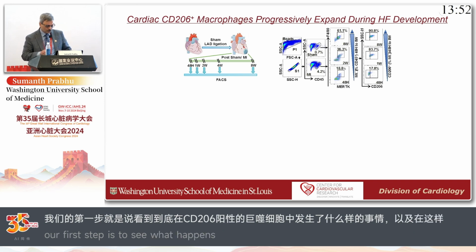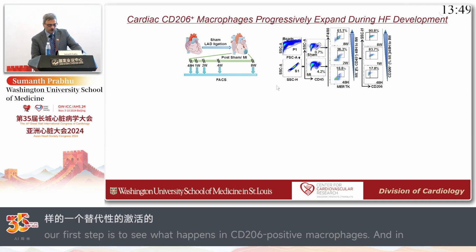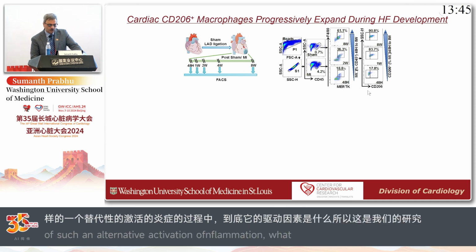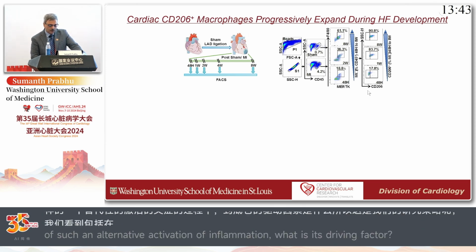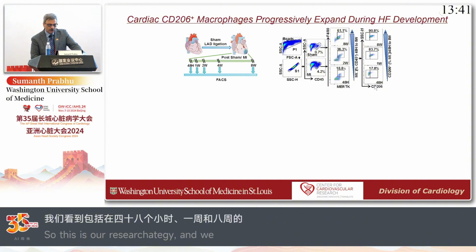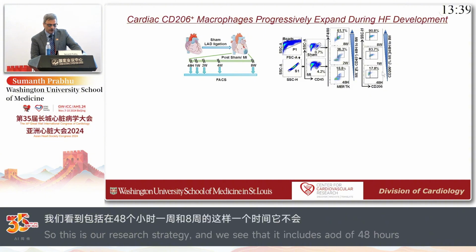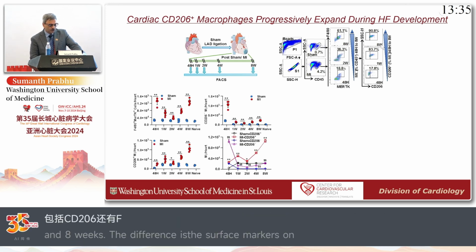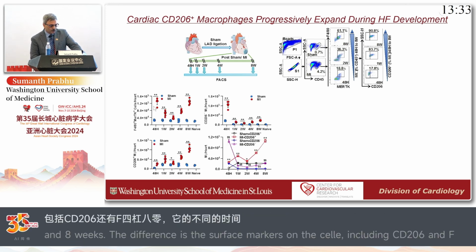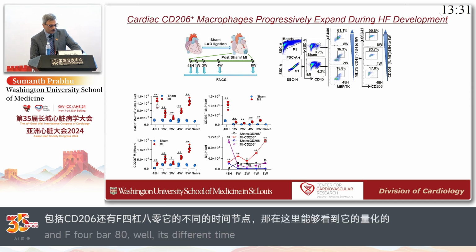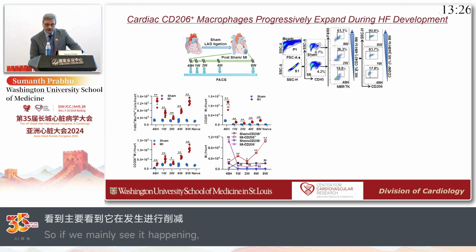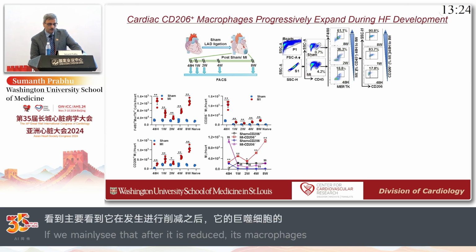And what I've shown you here in flow cytometry is our gating strategy to look at F4/80 and MERTK macrophages, two macrophage markers, and looked at CD206 expression at certain time points after MI: 48 hours, 1 week, 8 weeks, and so forth. And what you see here quantitated is that if you look early after MI, there's a large influx of macrophages. These are primarily CD206 negative, and by analogy, these would be the infiltrating CCR2 positive cells.